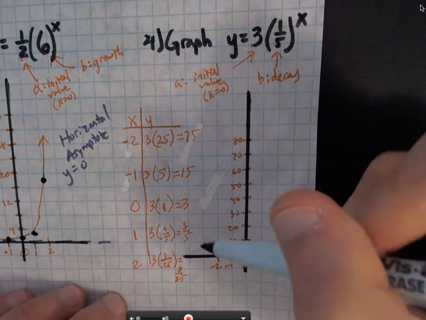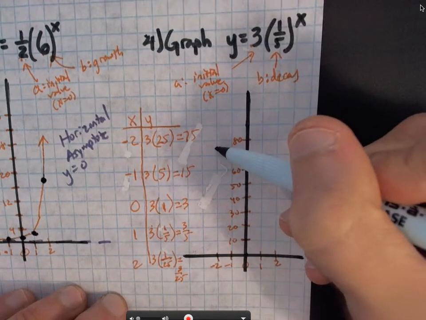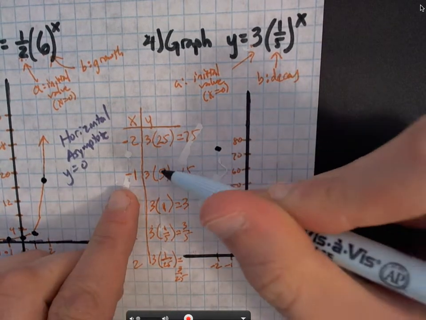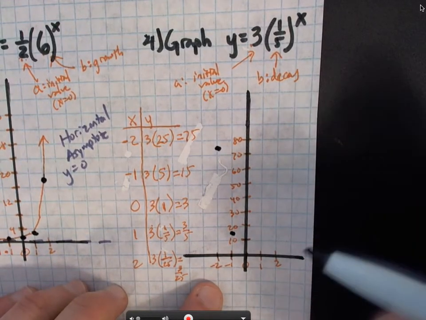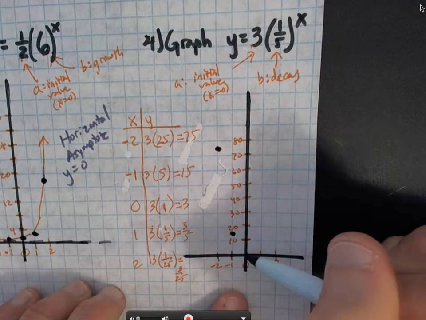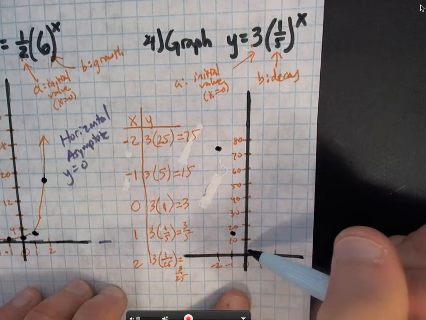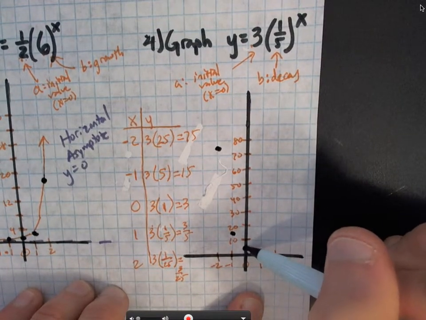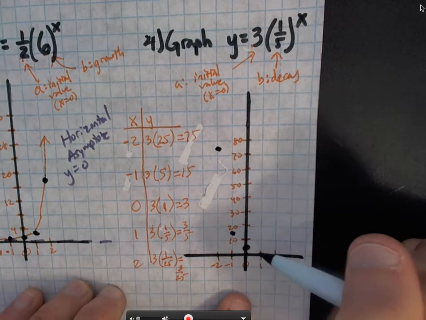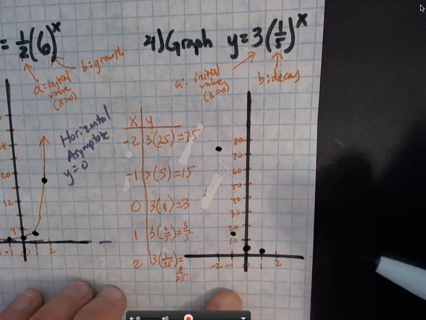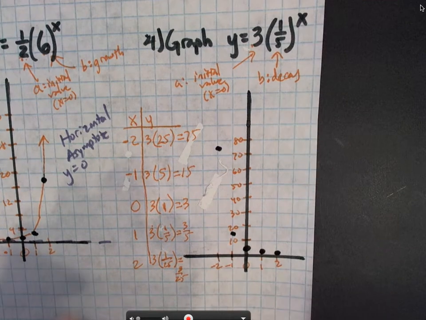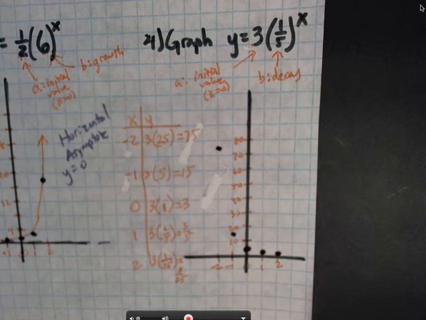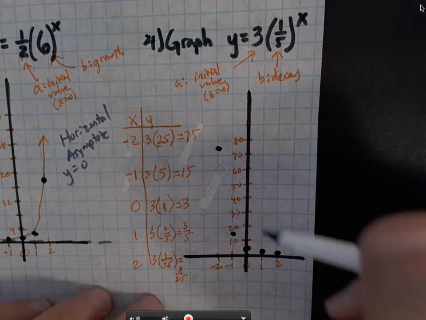Okay, so -2 goes all the way up to 75, halfway between 70 and 80. -1 goes to 15, halfway between 10 and 20, still super high. 0 is all the way down to 3. 1 goes to 3/5, so again, super close. And 2 goes to 3/25, which is also super close to our x-axis, but not quite touching it because there's an asymptote there.